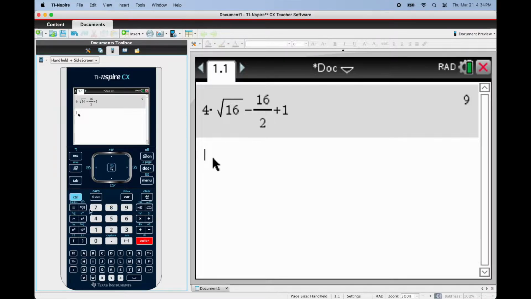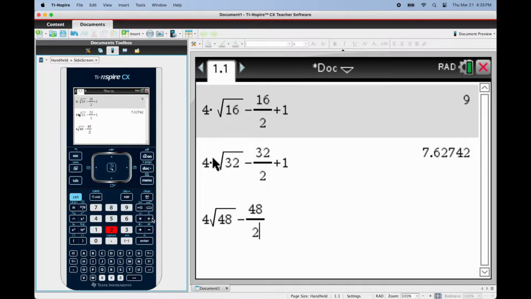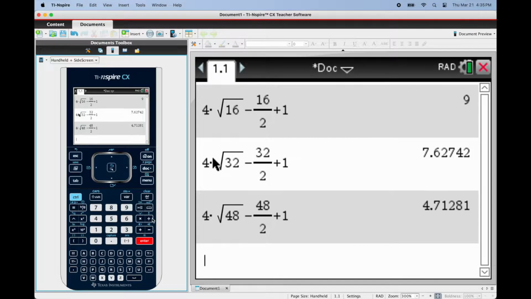This is going to be 4 square root 32 minus, once again, 32 over 2 plus 1. And then the last value was 48. So let's go ahead and input that. 4 square root 48 minus 48 over 2 plus 1. Okay, so here we go. We have values for A, B, and C.